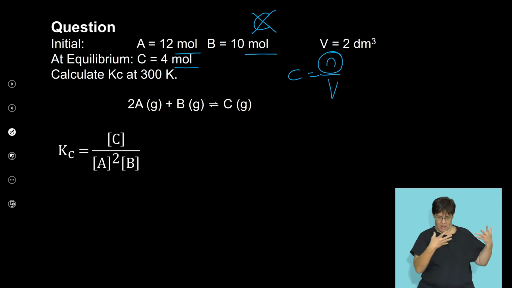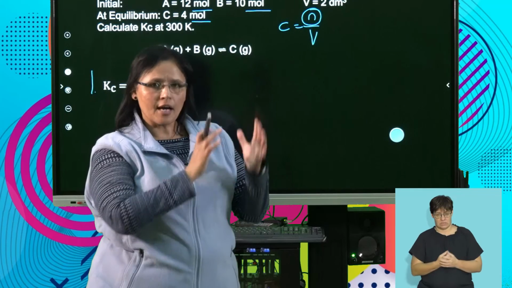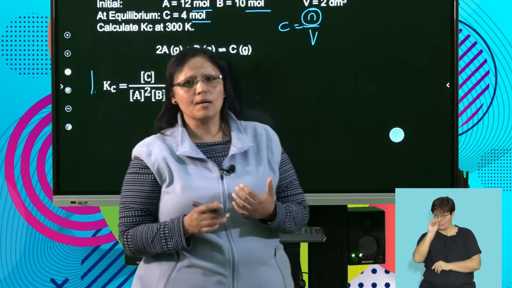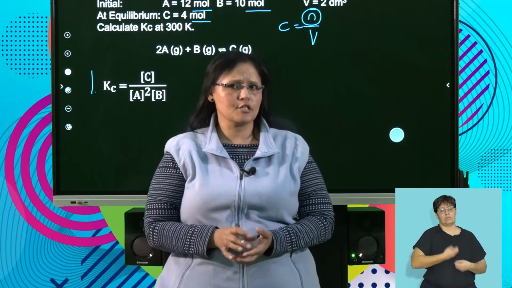So the first thing, the most important thing that you must do is you need to write down the Kc expression. Write it down there. You can write it down again a bit later if you have to. Just remember, you lose your marks if you do not show the Kc expression.